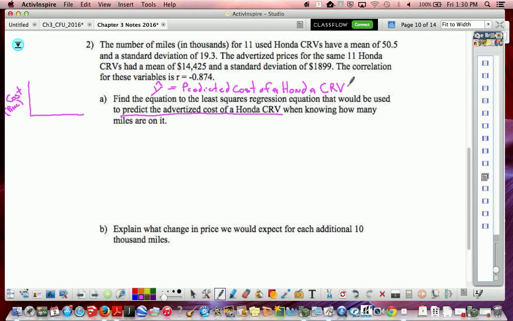How am I predicting that cost? Knowing how many miles are on it. So here are going to be the miles in thousands. So it's good to know that we're in thousands of miles. So I'm going to write X is basically the mileage of the Honda CR-V.